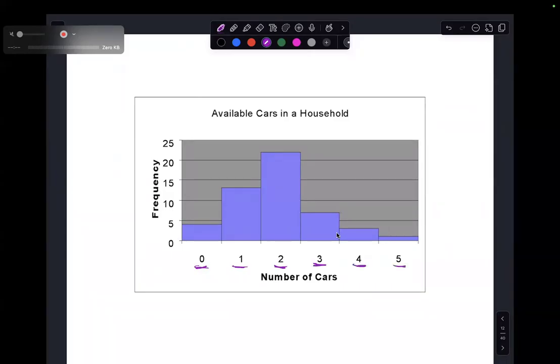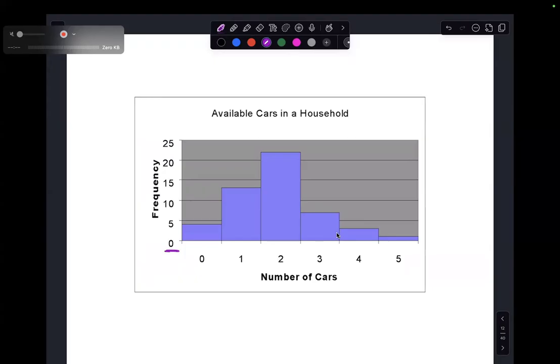So my one car, it's smack dab in the middle underneath the bar, the rectangle that goes with it. This is generally what we do with discrete data. It's going to look like this. Make sure that the bottom starts at 0 down here, and then you go up by even increments. Excel is going to do all of that for you.